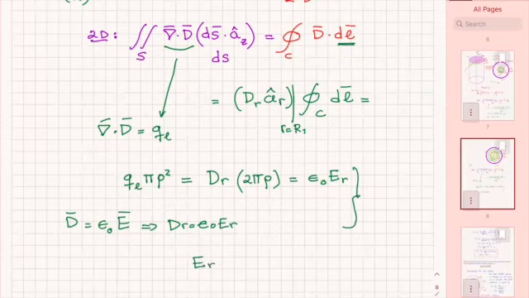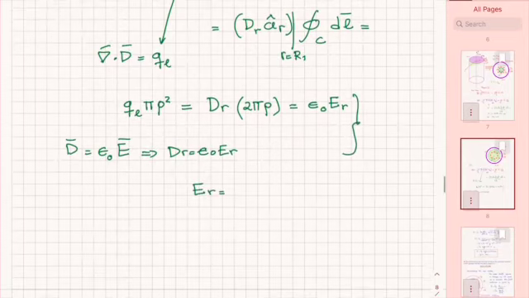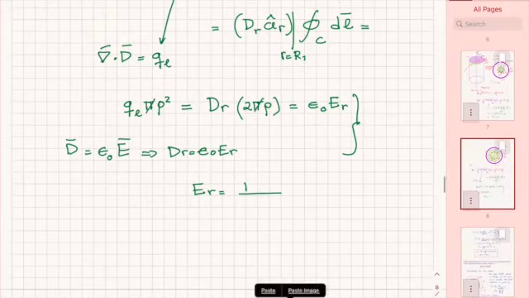And from these two, what do we find? That E sub r is going to be 1 over, let me see. Oh, this, excuse me.